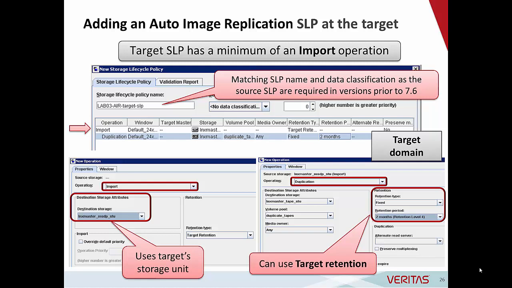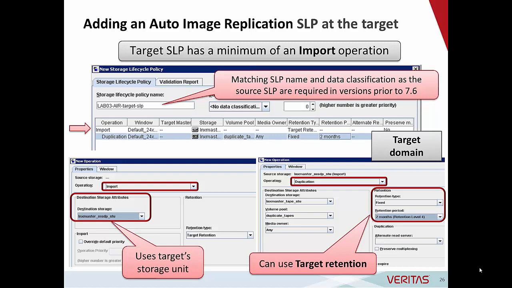Notice the verbiage there is a little counterintuitive. We're calling this target retention, but in reality it is the source replication operation which is determining how long the target domain keeps the data for. And then when it comes to any subsequent operations I may want to do, for example, it looks like we're doing a duplication to tape here.